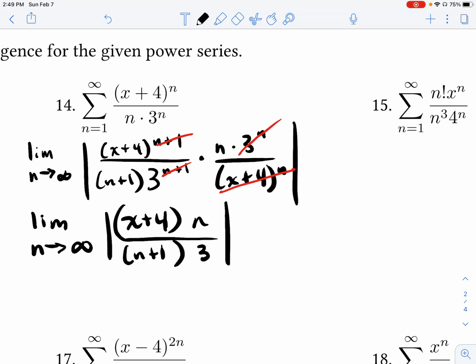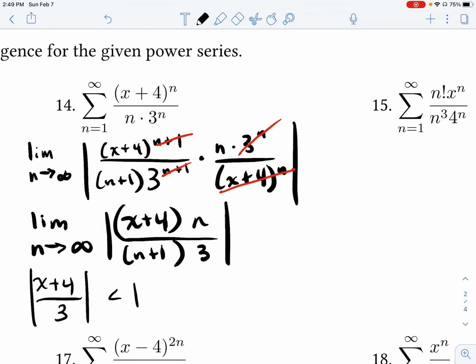So that's x plus 4 and 3. So x plus 4 over 3. And we know then that the limit of the remaining terms, n over n plus 1, is equal to 1. And so all we're left with is the absolute value of x plus 4 over 3 is less than 1. Okay?